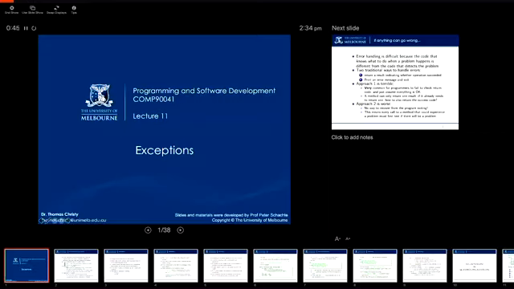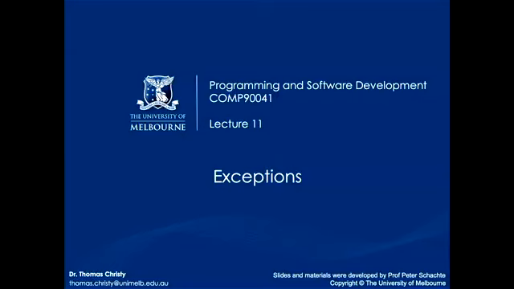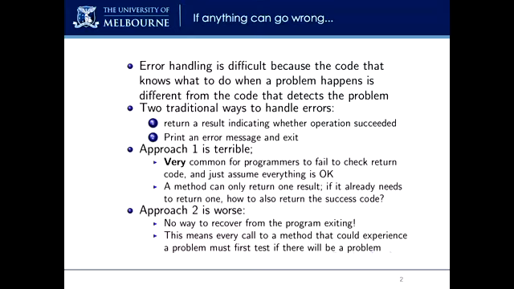Okay, that's better than nothing, right? So today we're going to be talking about exceptions. Oh my gosh, there's Gremlins. Anyone watched the movie Gremlins? We're going to be talking about exceptions and the concept that if anything can go wrong, it will, and you can see that it will.